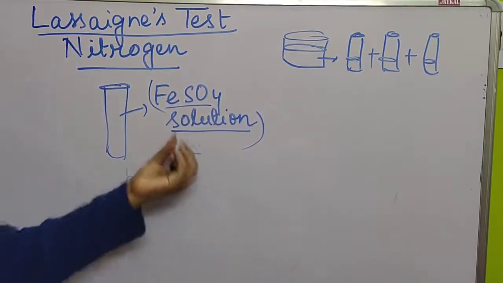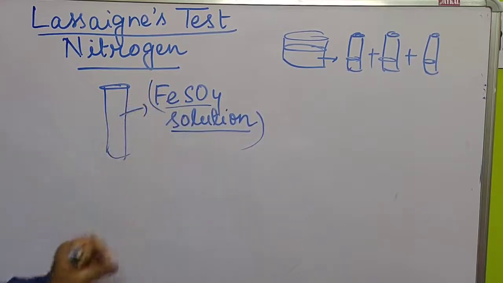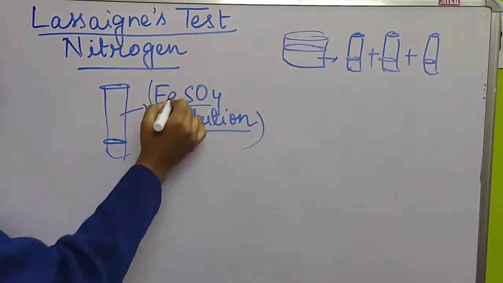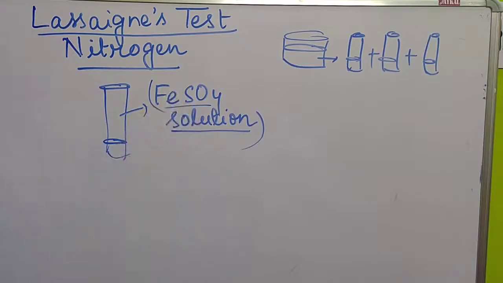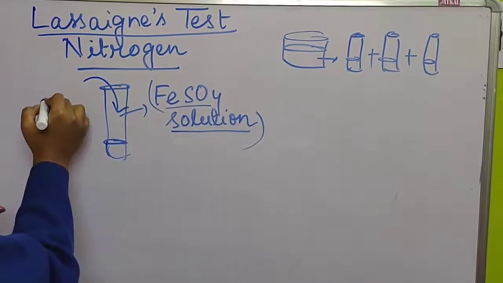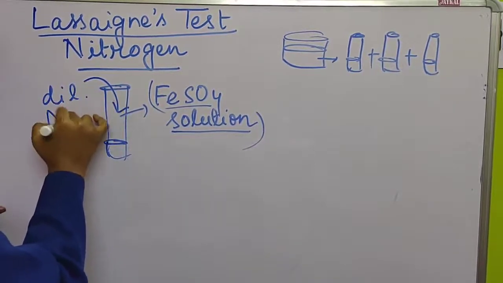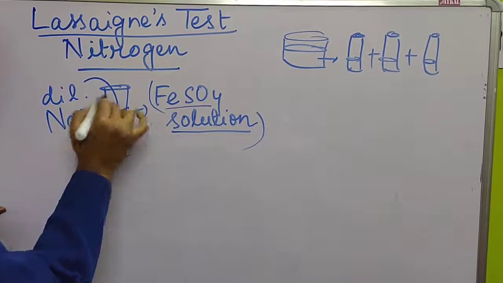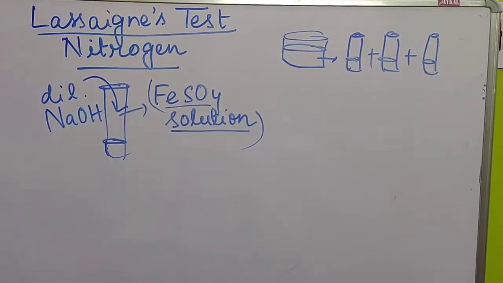So that's why it is called freshly prepared ferrous sulfate solution. Solid FeSO4 is added into water, and this solution is made alkaline by adding dilute NaOH solution.